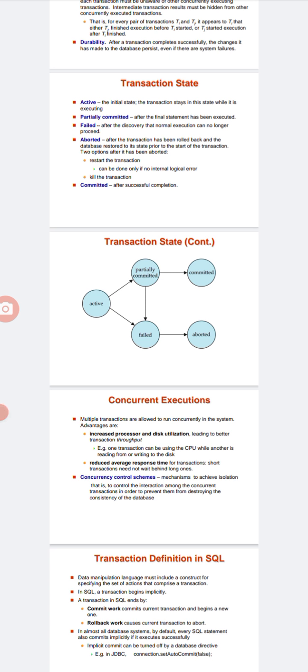In concurrent execution, in a multiple user system, multiple users can access and use the same database at one time, which is known as concurrent execution of a database. Everyone should know what concurrent execution is: multiple users can access the same database simultaneously on a multiple user system.